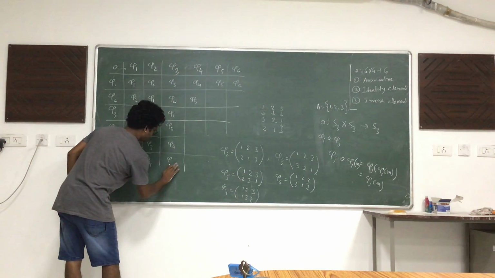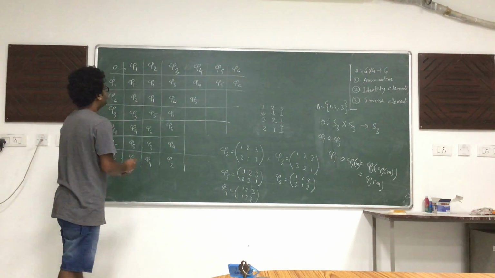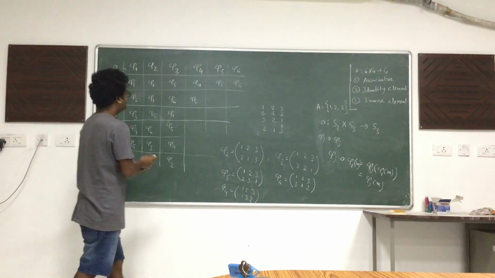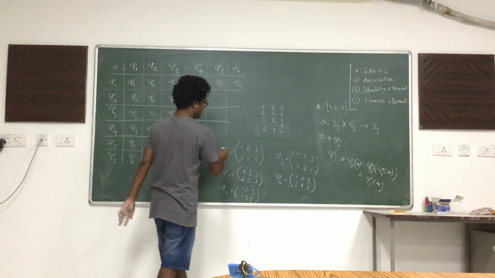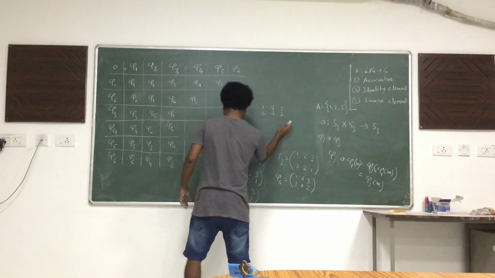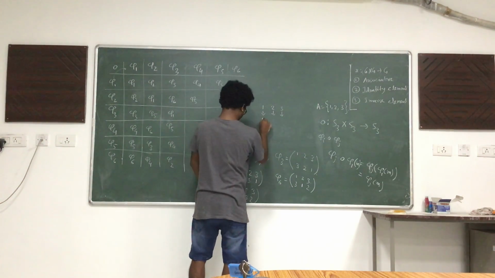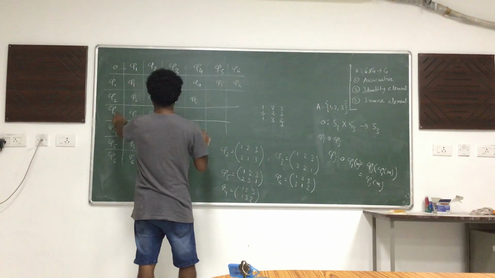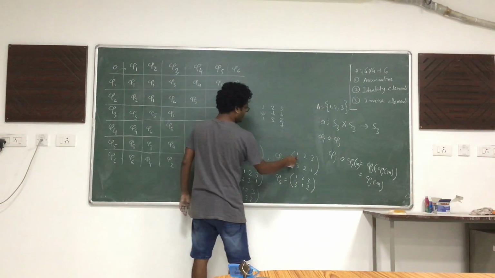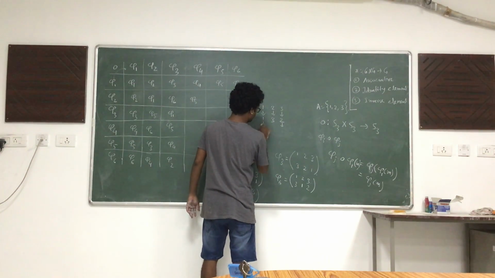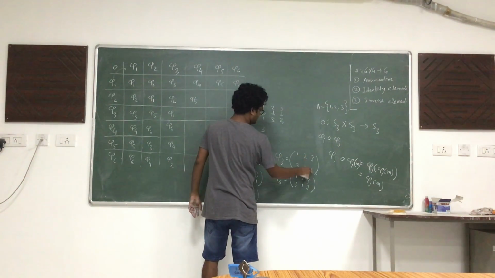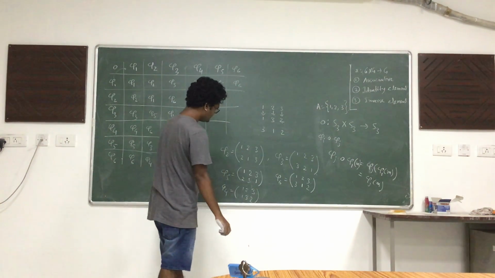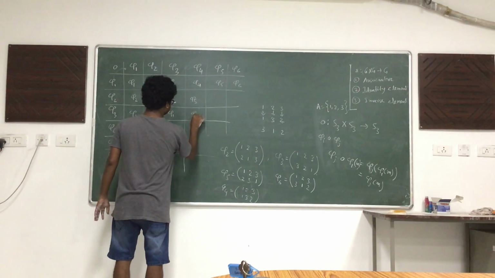This is 1 2 3, 3 will go to 1, 2 will remain, 3 1 2, and it is phi 6.